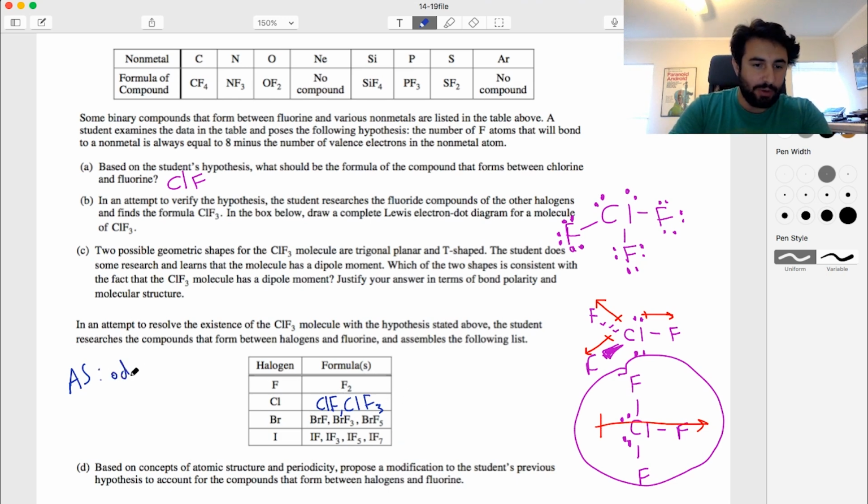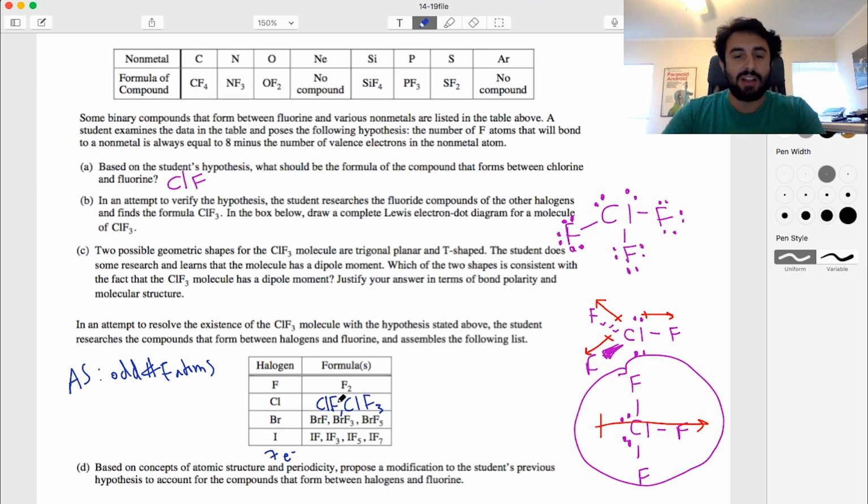And this has to do with the electron configurations. These all have 7 valence electrons, and so they're always going to have an odd number of bonds so that they can retain lone pairs, or have 0 lone pairs for IF7.